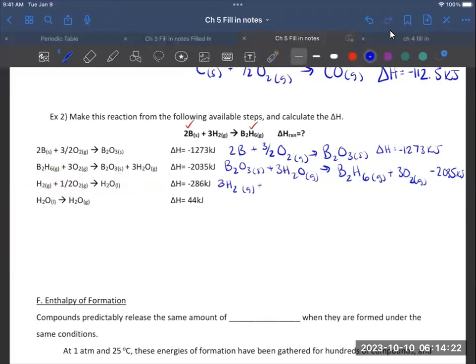So multiply it by 3, I'm going to have 3 halves O2 turning into 3H2O liquid. Okay, and then because I multiplied this guy by 3 over here, I also have to multiply this guy by 3. Okay, so 3 times that is going to give us negative 858.